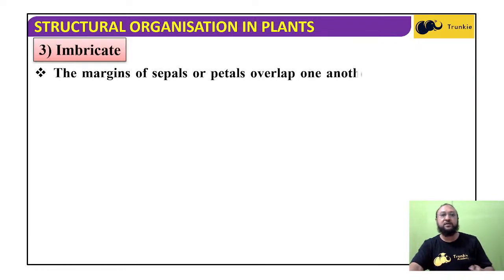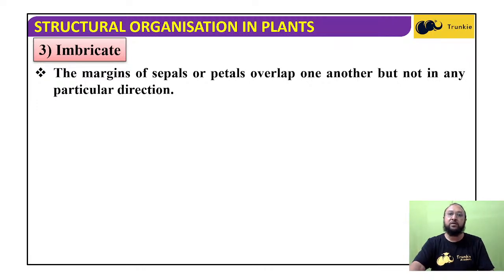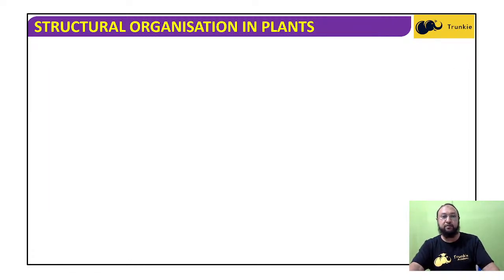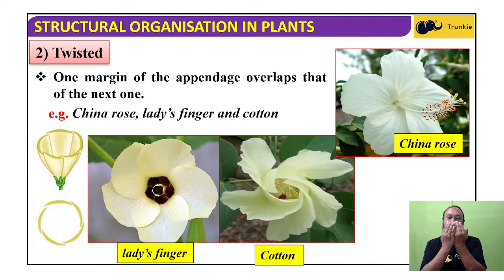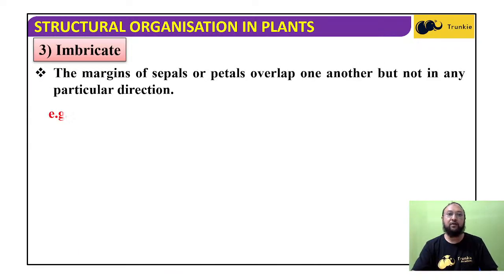Now imbricate. The margins of the sepals or petals overlap one another, but not in any particular direction. In the previous one there was a pattern: one is overlapping, then the next overlaps in a pattern. But in this case, it is not following a particular manner.